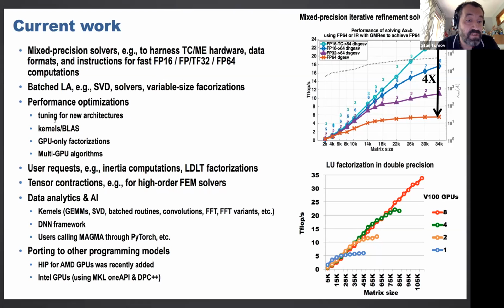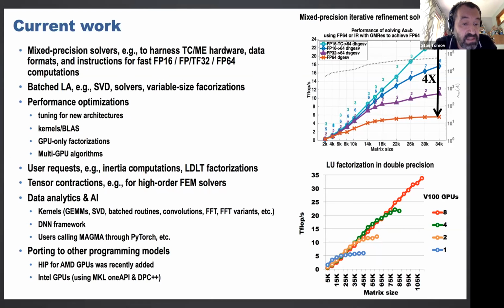There are many performance optimizations for different architectures. We also have user requests and additions to the library. For example, inertia computation used in HiOp, LDLT factorizations, and things like that. Tensor contractions, as I mentioned, in CEED.